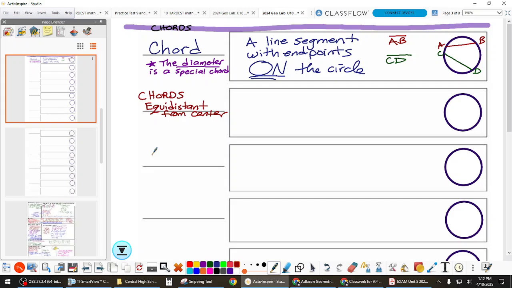What does equidistant mean? Same distance. Here's the wording of the theorem somewhat.